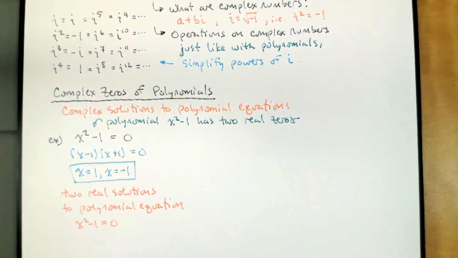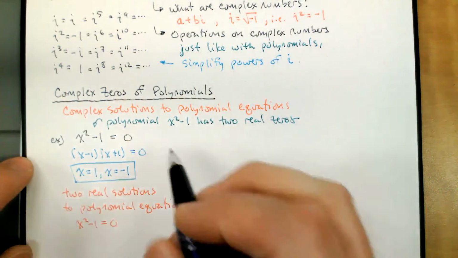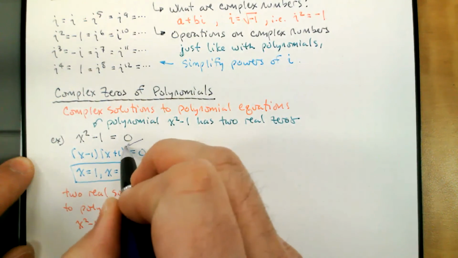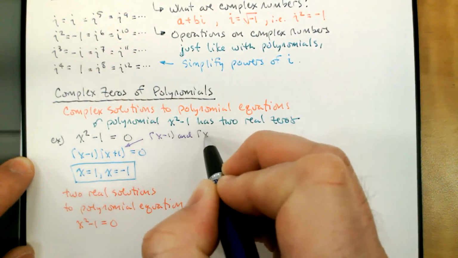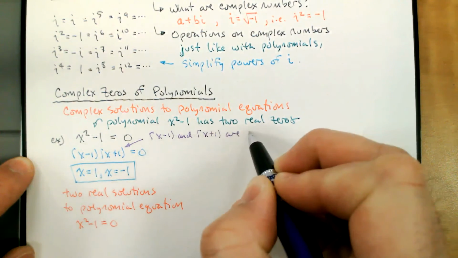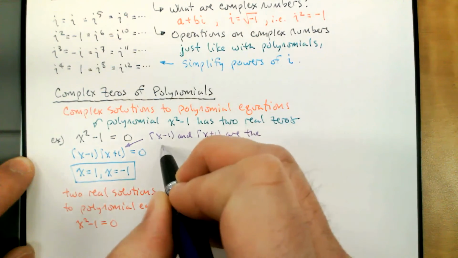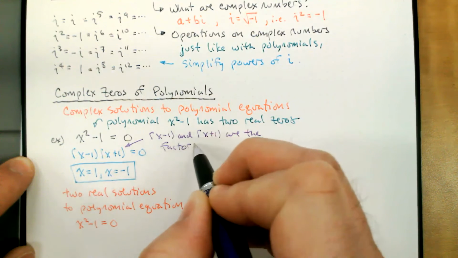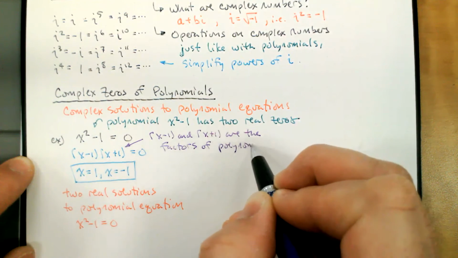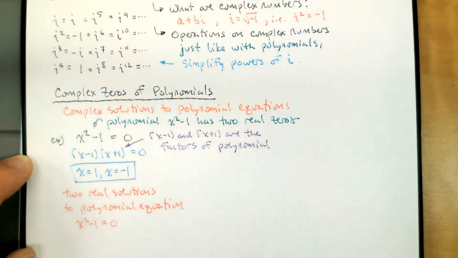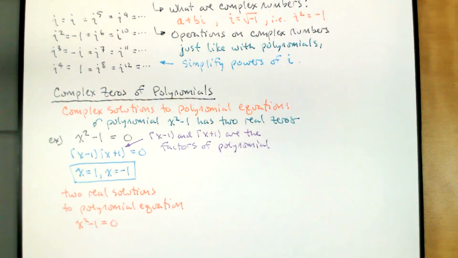And we can see they come from the two different factors of the polynomial. So x minus 1 and x plus 1 are the factors of the polynomial.